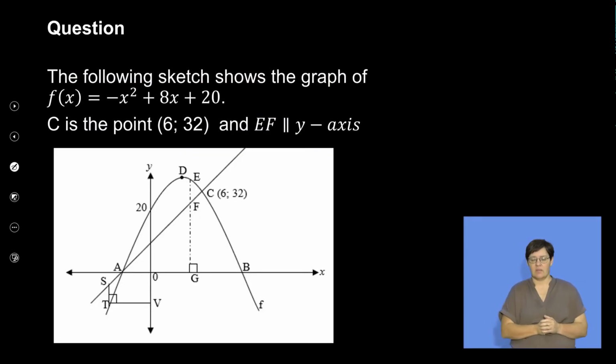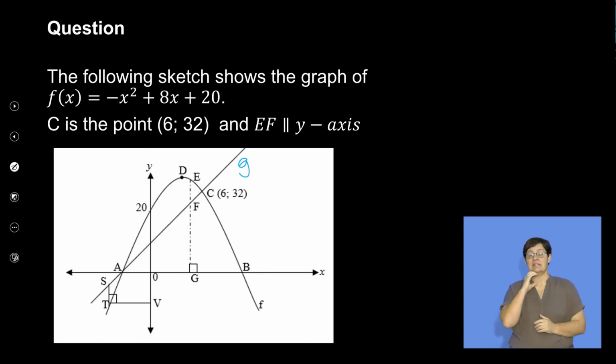The following sketch shows the graph of f of x equals negative x squared plus 8x plus 20, right? So you can already see that the graph of f is the parabola. It means the graph of g will be the straight line.